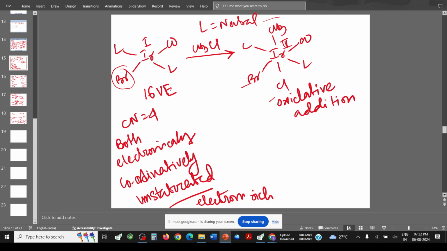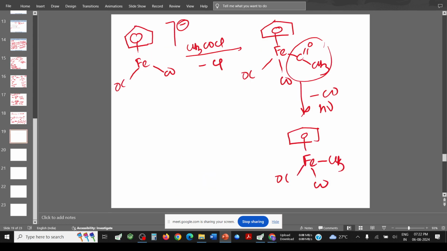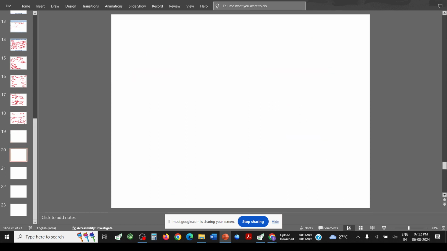Then the last but not the least, the nucleophilic addition reaction. If we have any metal center, Cp nickel with a ligand like the COD ligand, that is a cyclooctadiene ligand, bound to the nickel.